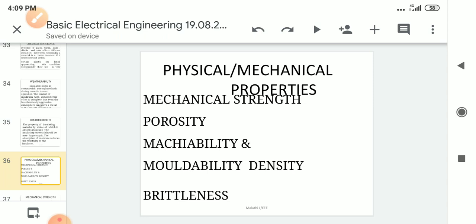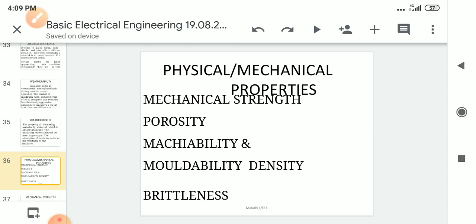So we have studied all these properties of our insulation material. What is the purpose of this? We have to pick the right one. We have so many types of insulation material, and we have to choose a particular material for the right application.